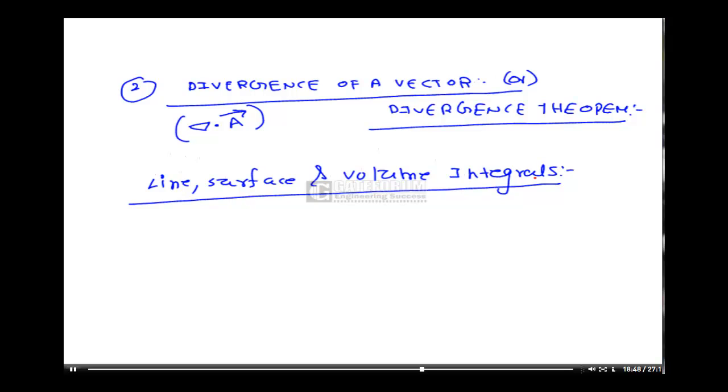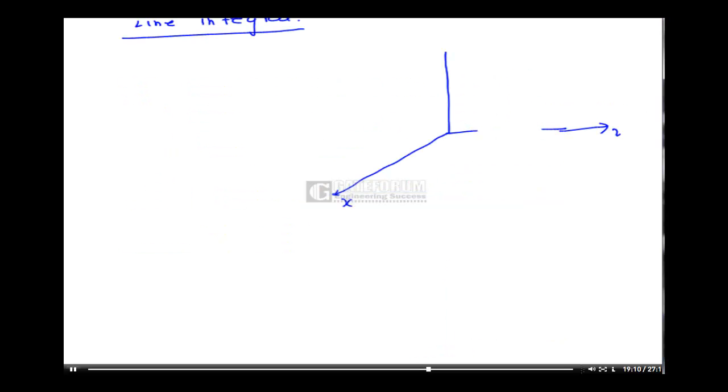Suppose I am taking a particular path. Suppose this is a point P1 and this is point P2. I am moving along the path from P1 to P2. This is some small differential length dl.